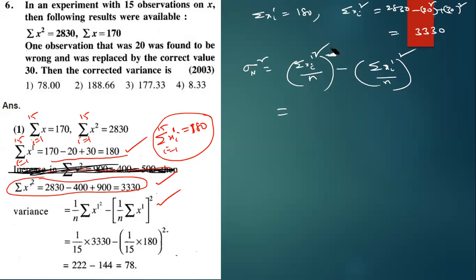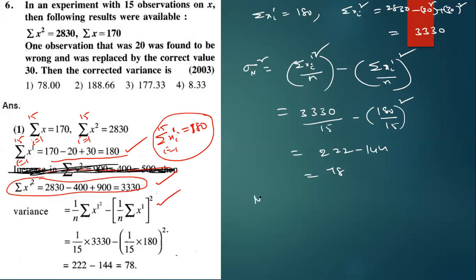Please write down all of you and submit the notes. Sigma x square by n is 3330 by 15, minus the average, which is 180 by 15, whole square. 180 by 15 is 12, and 12 square is 144. So the answer is 78.